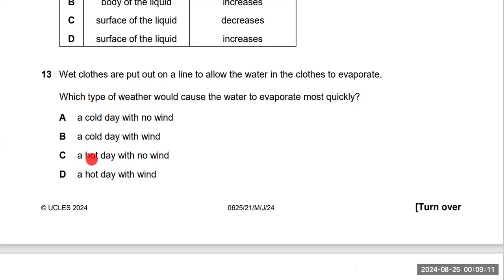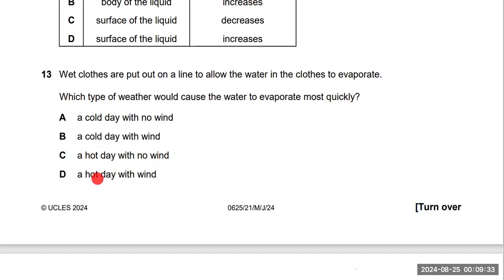If you look at the hot day, there are two cases. A hot day with no wind: there is no wind blowing, so the rate of evaporation will decrease. If you look at D, a hot day with wind, a hot day means high temperature.